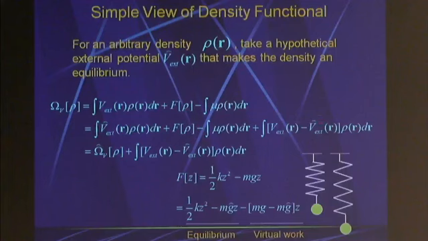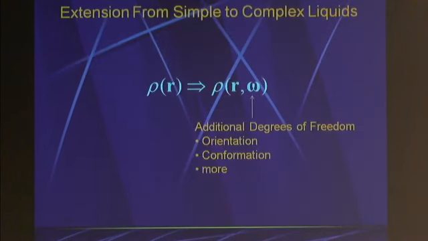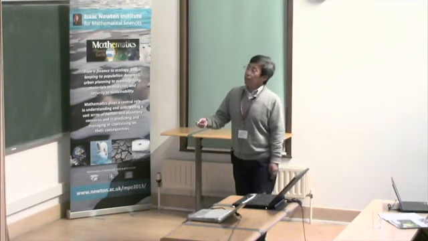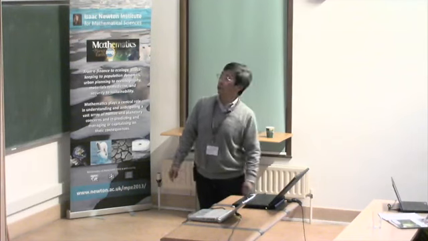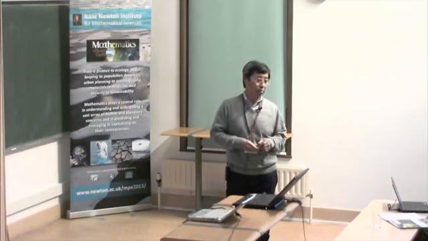Last one means this is a unique external potential to make the given rho(r) the true equilibrium of the whole system. So if you know the equilibrium ground potential, you can just construct the whole thing by adding the external work that is necessary to deviate the whole system to what you are looking at. So this is basically what density functional theory is all about.